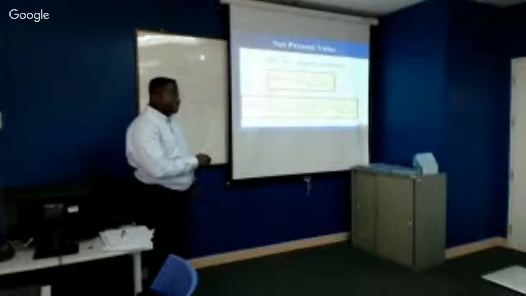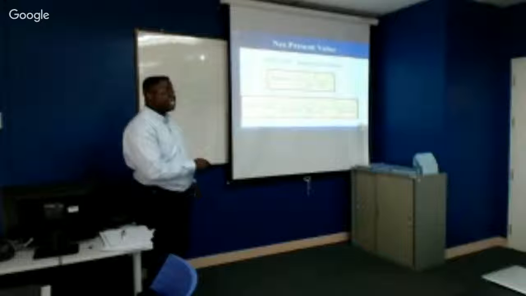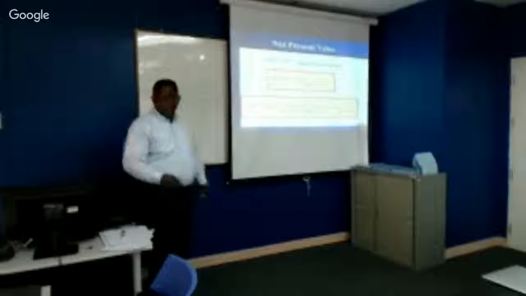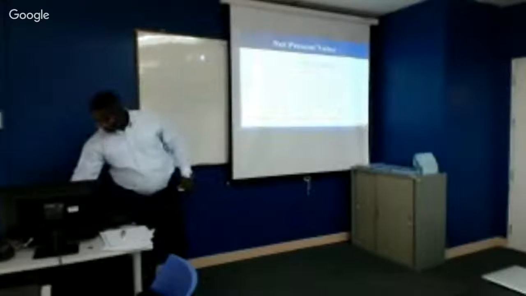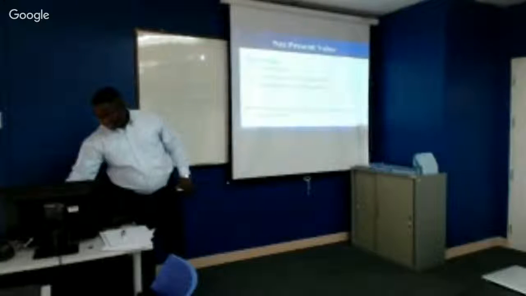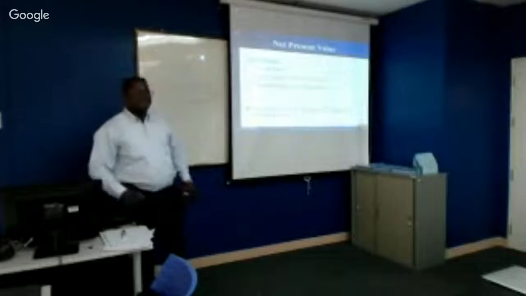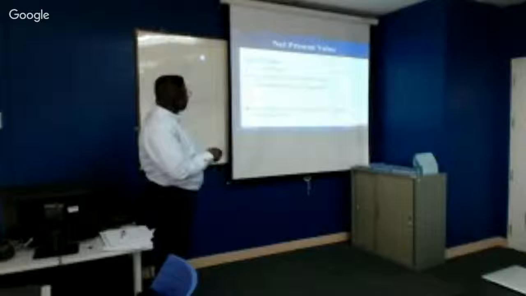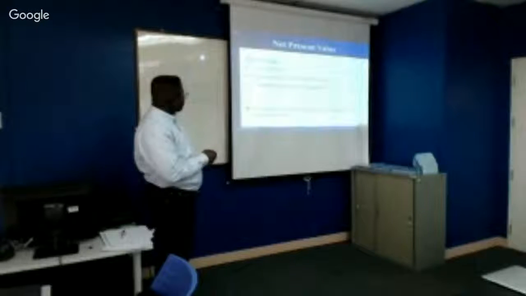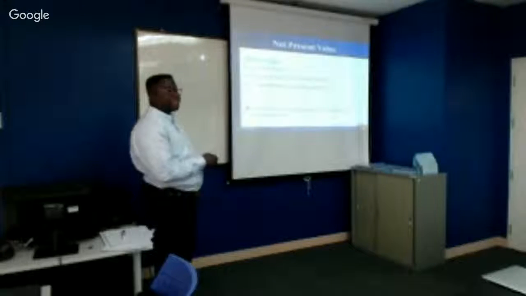Anytime you see the C0, that is the initial cash outflow. And these are the respective inflows. The cash flows, time period of the investment, and then R is the opportunity cost of capital.